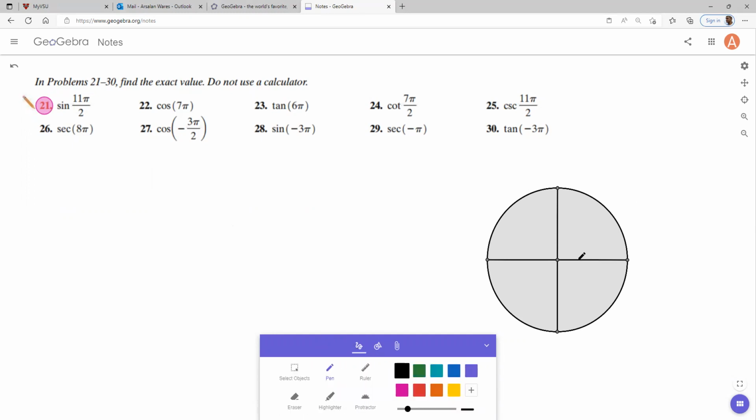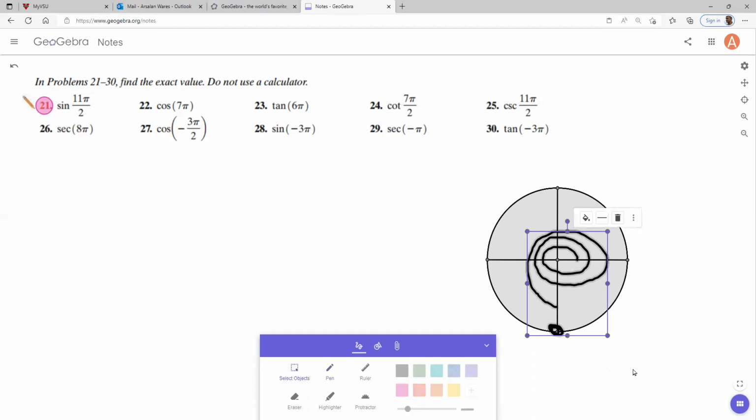So you start here, positive 1 pi, 2 pi, 3 pi, 4 pi, 5 pi, and a half. You're going to be landing here. Okay, now I'm going to get rid of these black marks. All I care about is that final point.